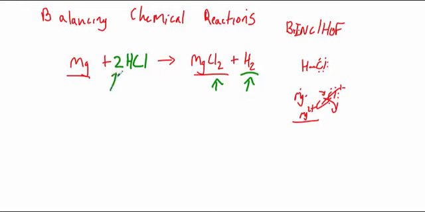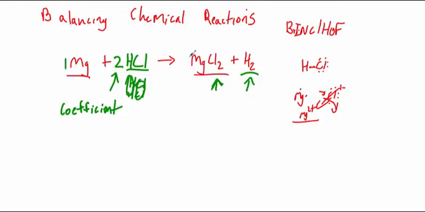This term is called a coefficient, and it multiplies everything in the following compound. So this says this is not just HCl, it's 2 HCl's. And now I actually have 2 atoms of hydrogen and 2 atoms of chlorine, so that when I end, I can have 2 atoms of chlorine and 2 atoms of hydrogen. This is now a balanced reaction.